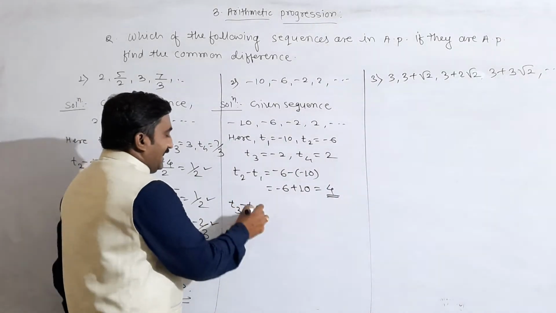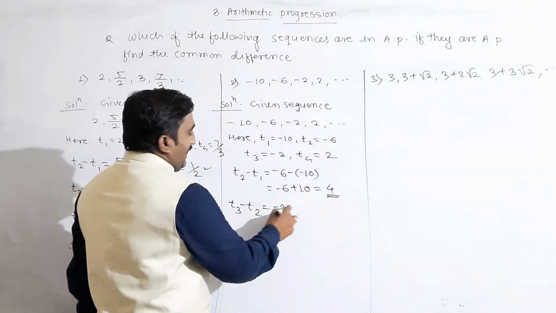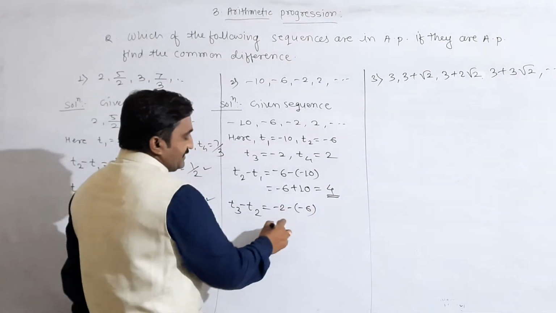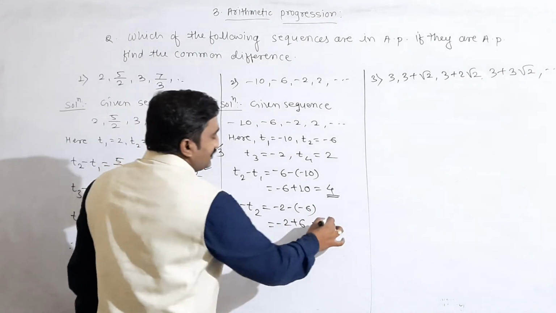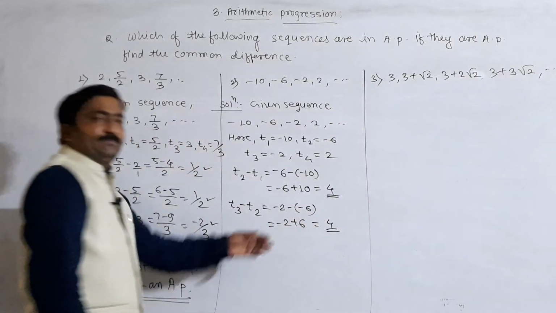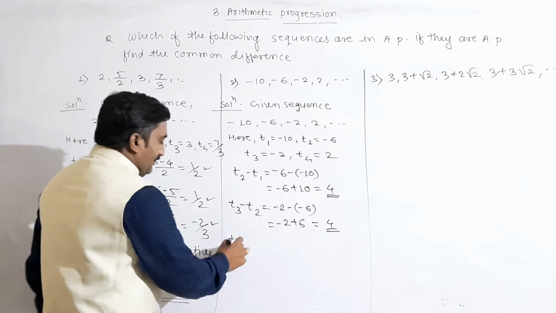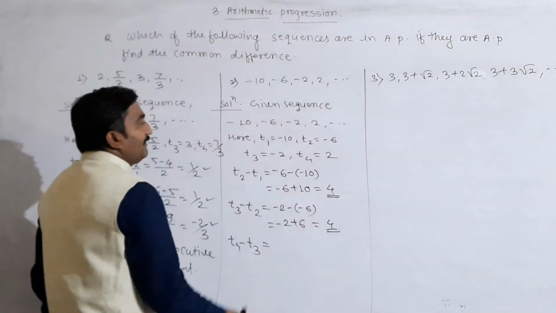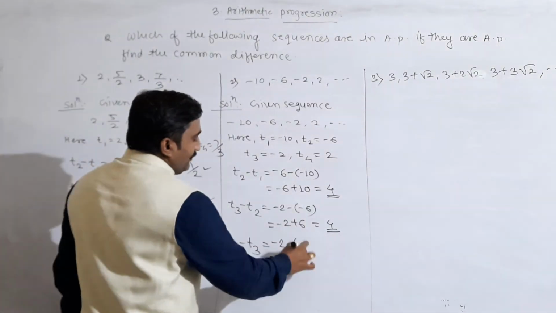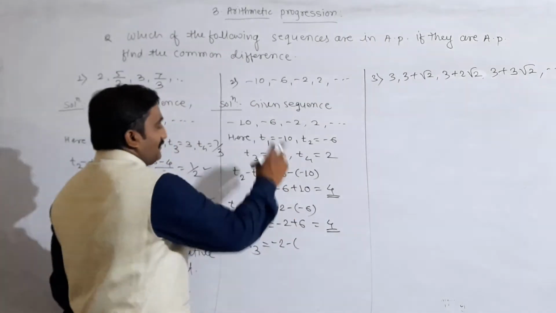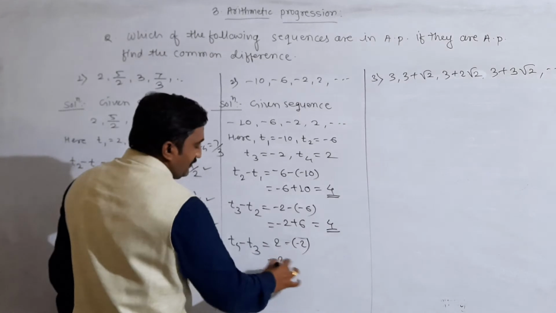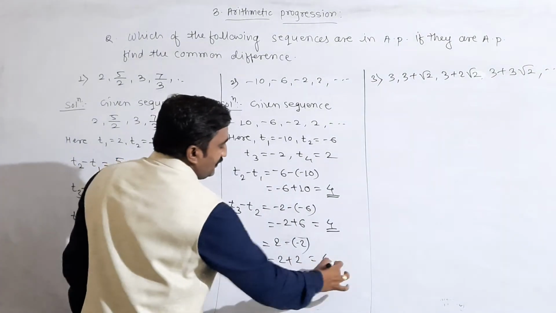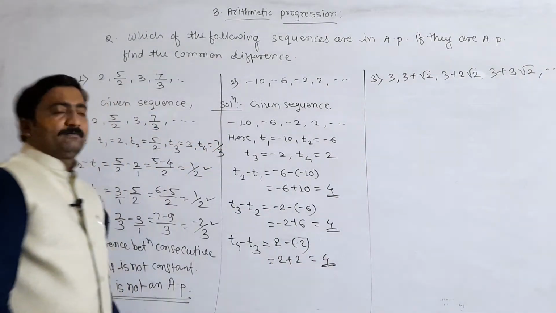Then T3 minus T2, minus 2 minus minus 6, minus 2 plus 6, 6 minus 2, 4. Here also difference is 4. Then T4 minus T3, 2 minus minus 2, 2 plus 2, 4.